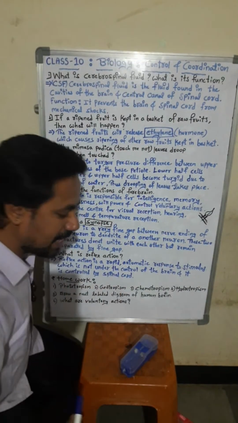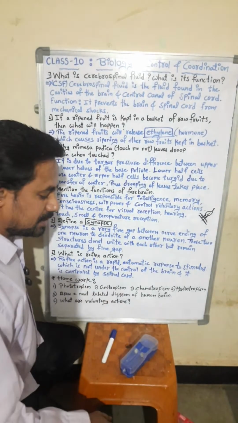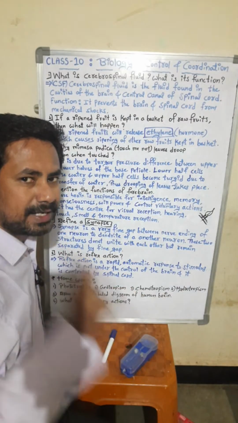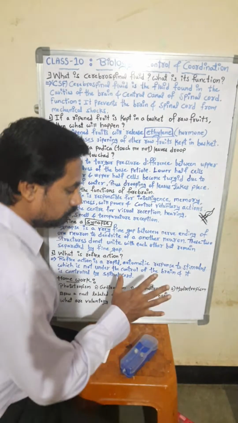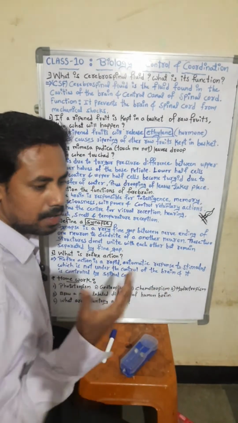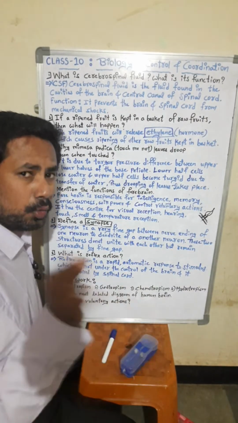What is reflex action? Reflex action is nothing but suddenly, without knowing, quickly, immediately, spontaneously, you remove your body part, any body part, hand, leg or anything. A sudden, quick response.